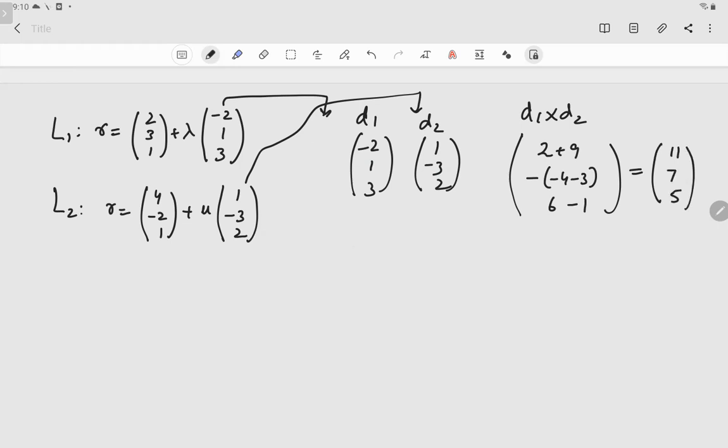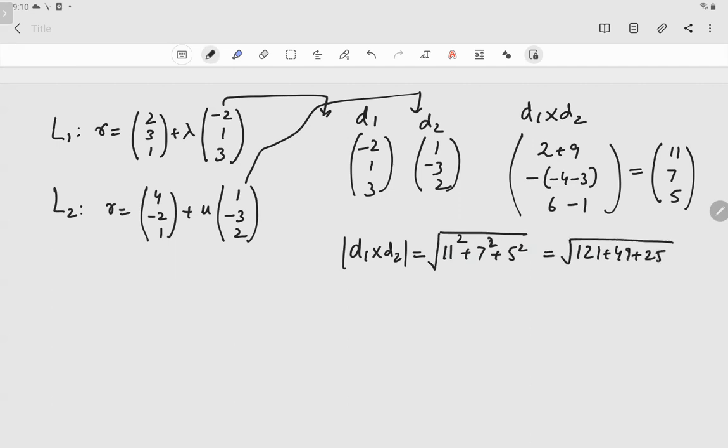The magnitude of D1 cross D2 is the square root of 11 squared plus 7 squared plus 5 squared, which is the square root of 121 plus 49 plus 25. So it is equal to the square root of 195.